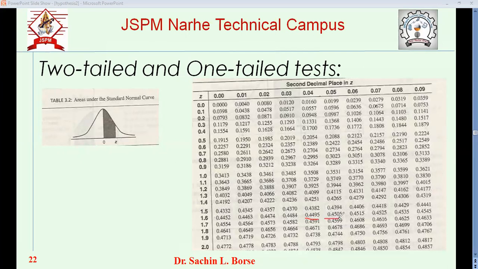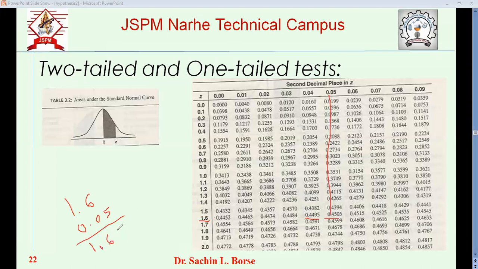Both are close to that. So it is 1.6 here, and this is 0.05, so it is 1.65.